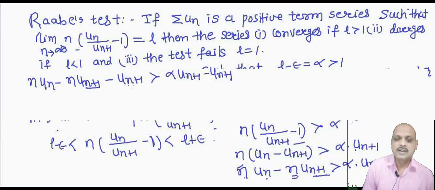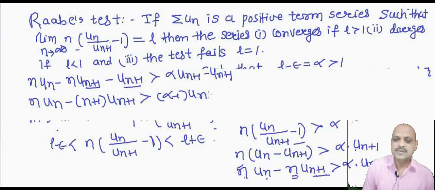Here un plus 1 we can take common, so this will be n into un minus (n plus 1) into un plus 1 is greater than (alpha minus 1) into un plus 1. Let us call this equation number 1.